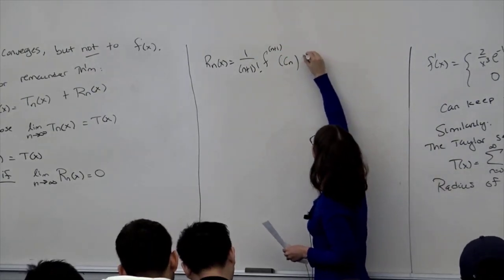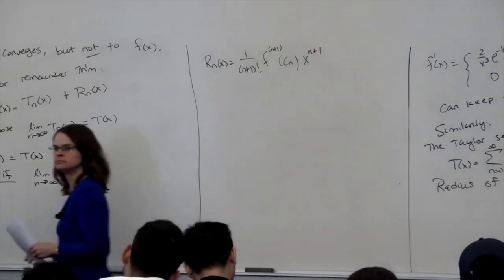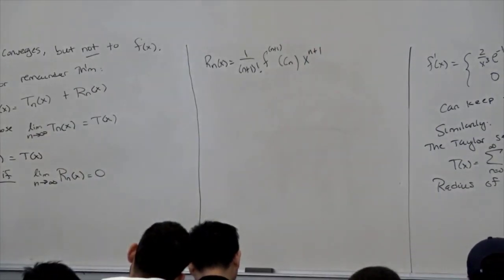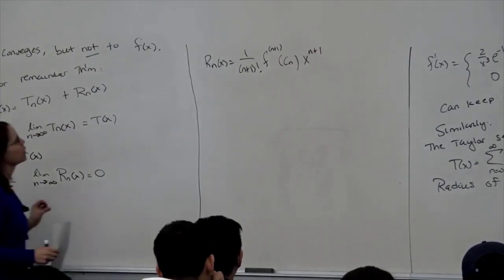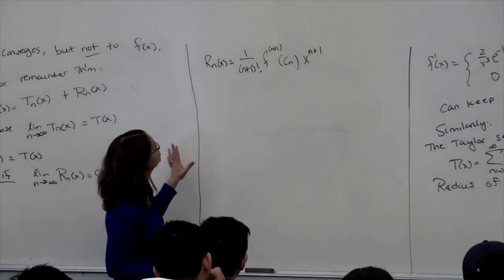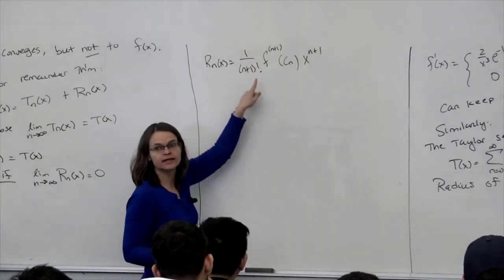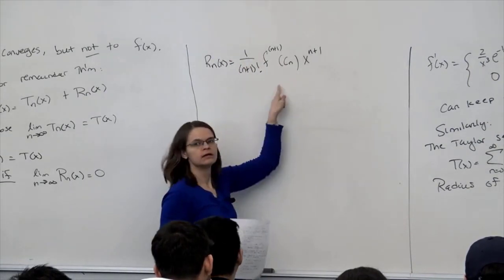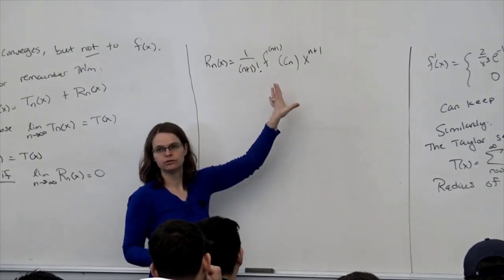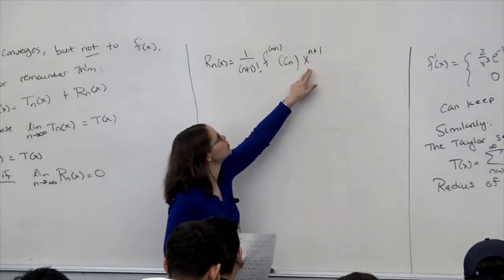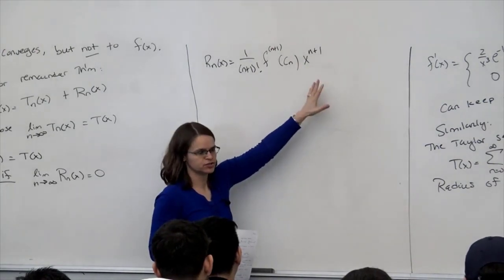And then it had this term of the form x to the n plus 1. Okay, so what's happening here? As n gets large, indeed this goes to 0, it goes to 0 quite quickly. But it's not necessarily the case that these other terms go to 0, right? This term will go to 0 or to infinity depending on how big our radius of convergence is.